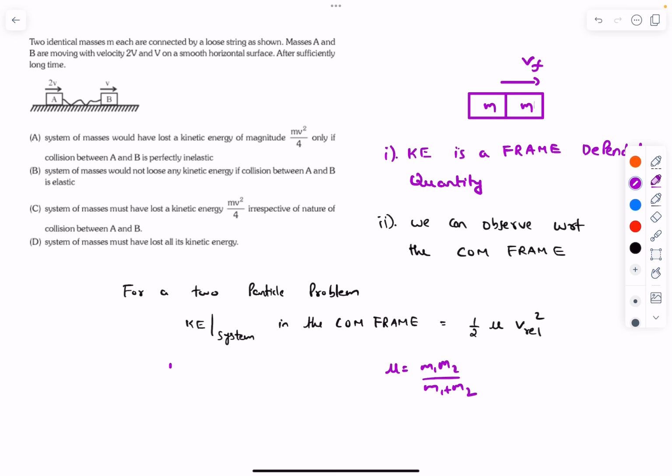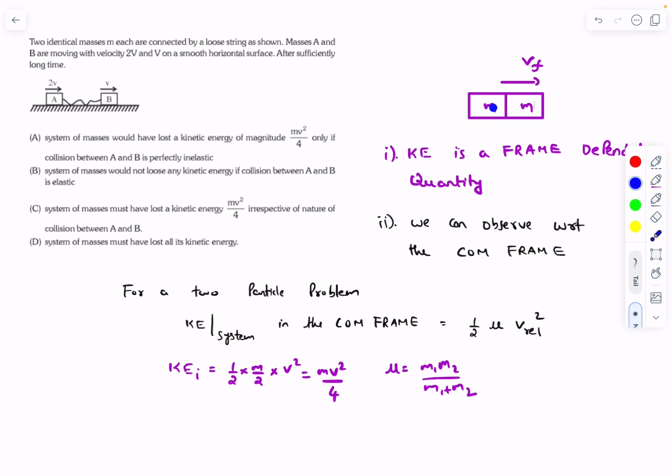Okay, so the initial kinetic energy: both the masses are the same, right? So their reduced mass just becomes m by 2. So it'll be half times m by 2, and vrel is actually v, so it is v squared. So the initial kinetic energy is mv squared by 4. Now, if it is a perfectly inelastic collision, both the masses have the same velocity in the ground frame, so their center of mass will also move with vf.